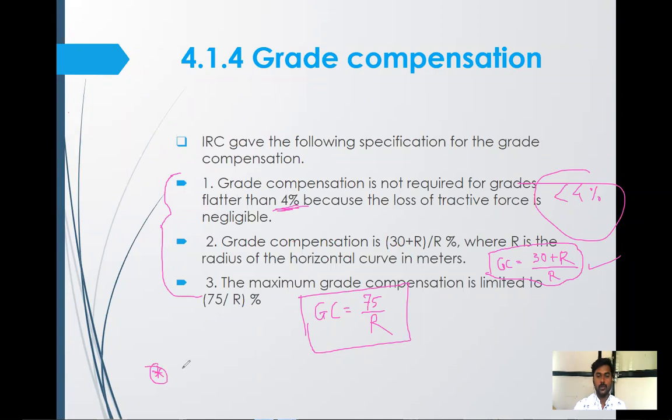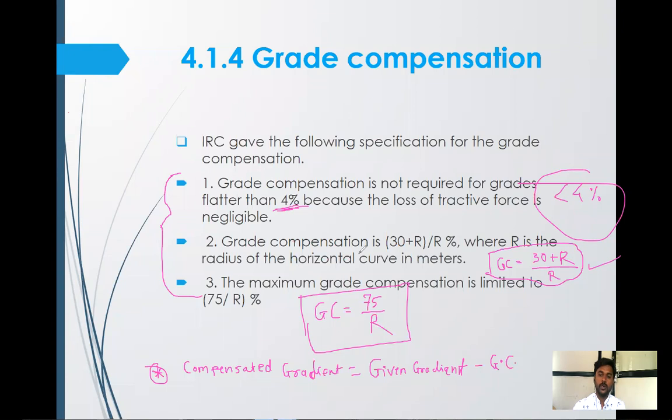Below that, make a star point and write: compensated gradient is equal to given gradient minus grade compensation.